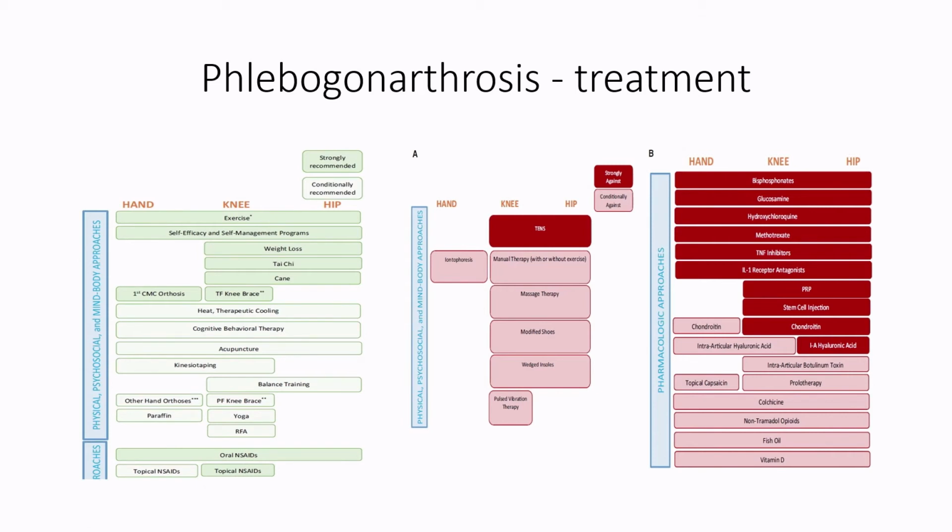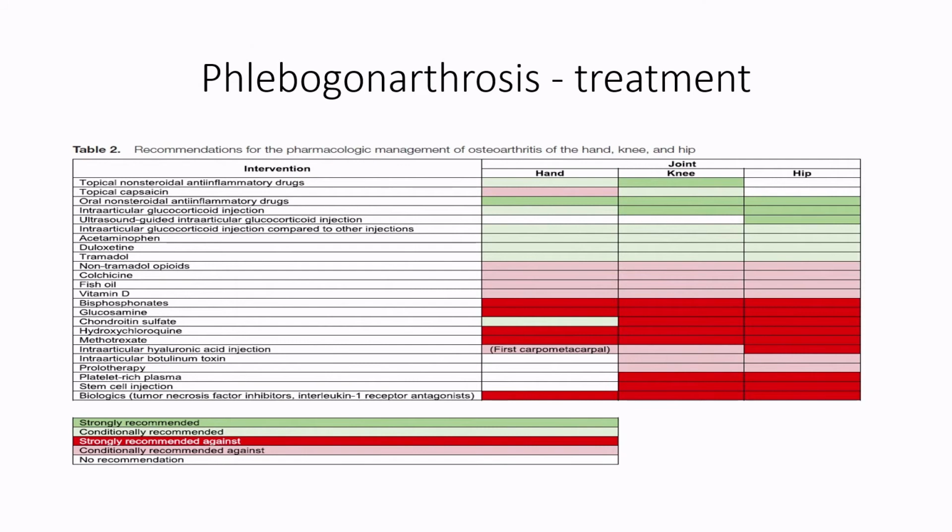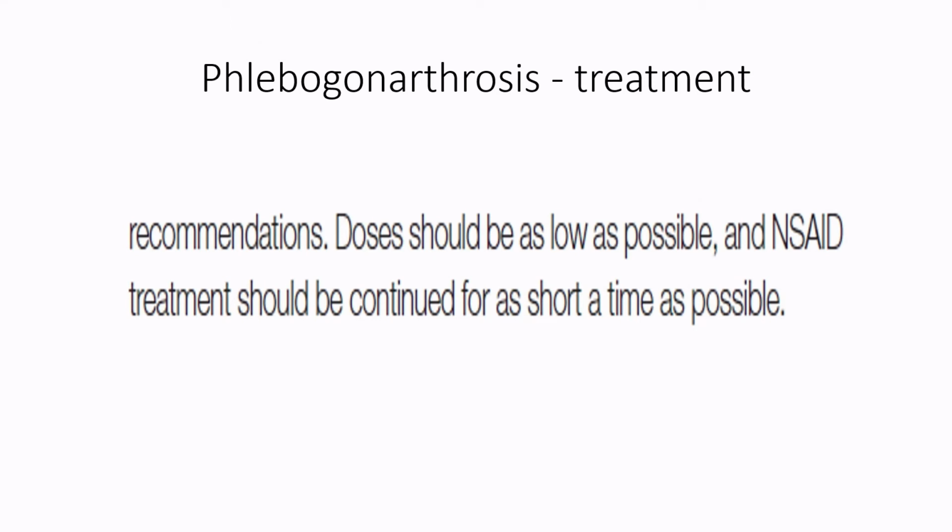In the United States you can see that they strongly recommend against using these drugs for knee phleboarthrosis. Non-steroid topical anti-inflammatory drugs are the most important, but their doses should be as low as possible, and the treatment should be continued for as short a time as possible.